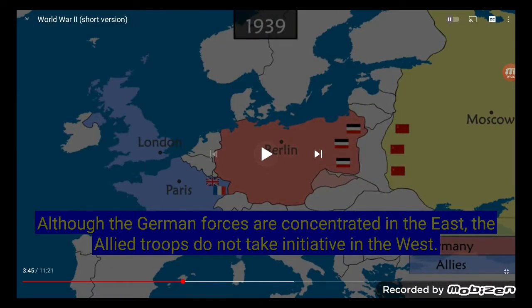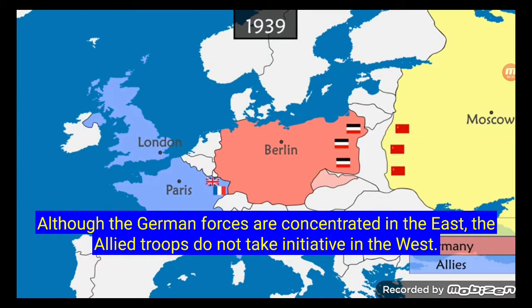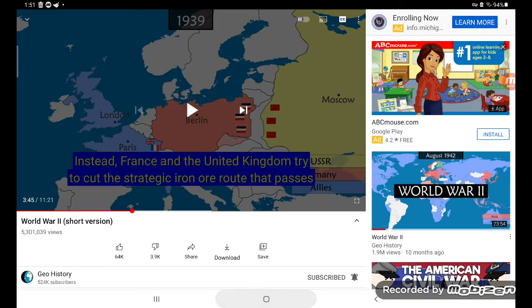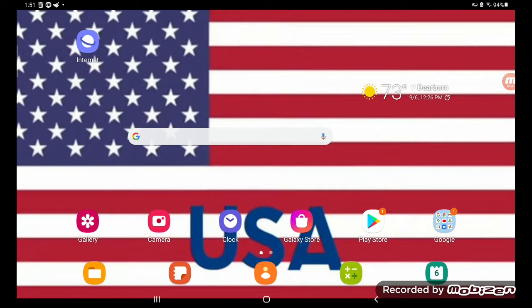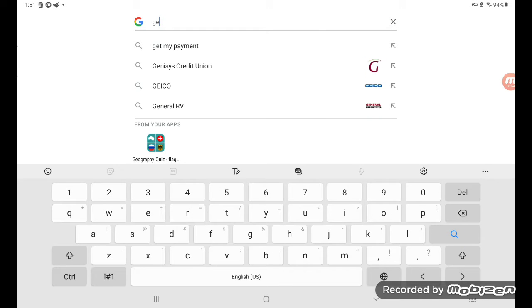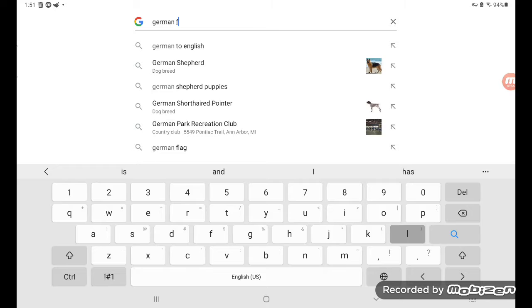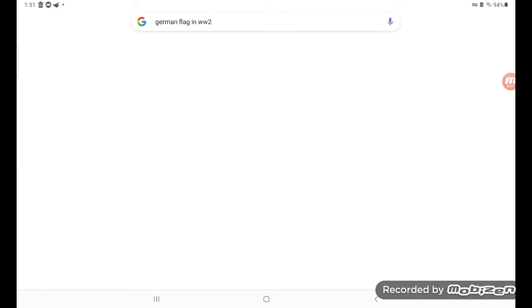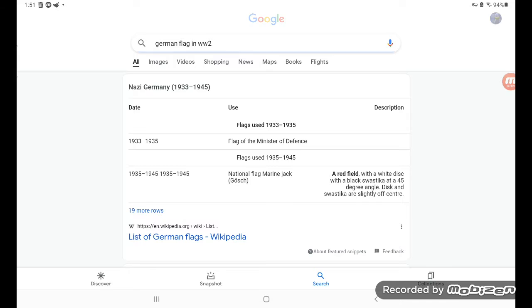In the west. Hey, I think you messed up the flag for Germany. It's supposed to look like... Instead, hey, you messed up the flag for Germany. I don't want to be rude, but here. The German flag in World War II. German flag in WW2. You are 100% wrong. It does not look like a black stripe and white stripe and red stripe.